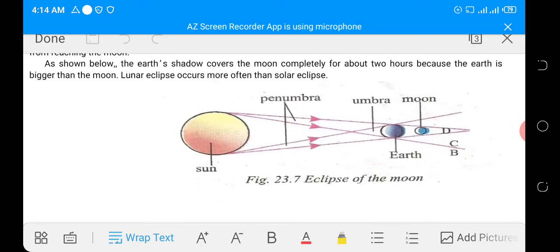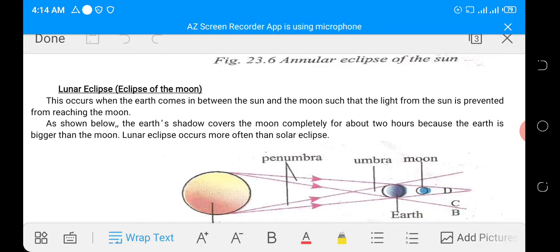Then the second major type of eclipse is the lunar eclipse, which is the eclipse of the moon. And this occurs when the earth comes in between the sun and the moon. It shows that rays of light from the sun are completely blocked by the earth from reaching the moon, so that the moon will now be in the earth's shadow.